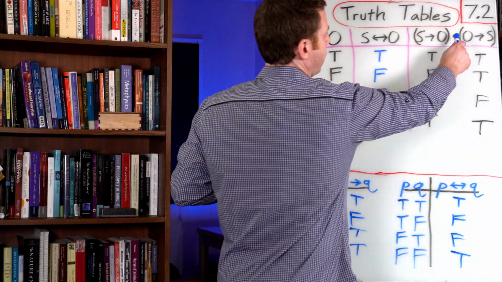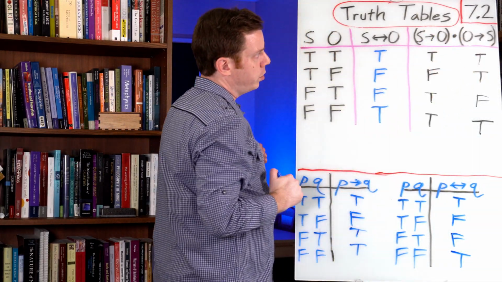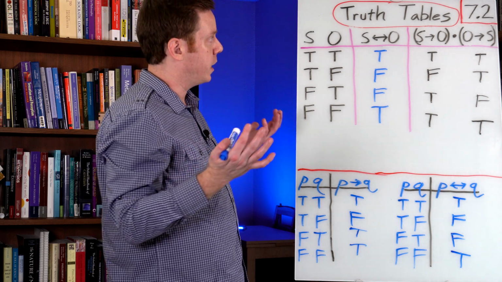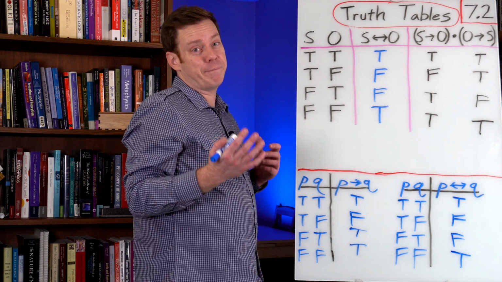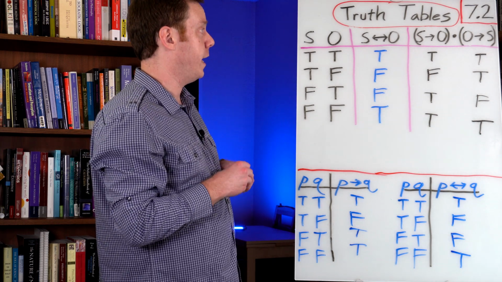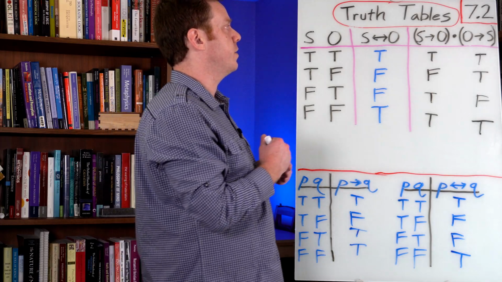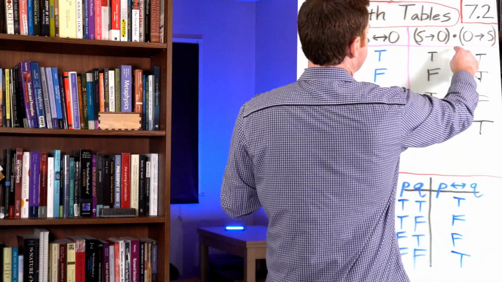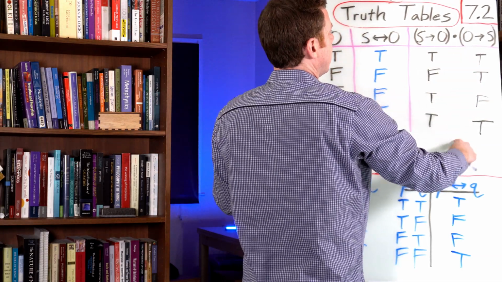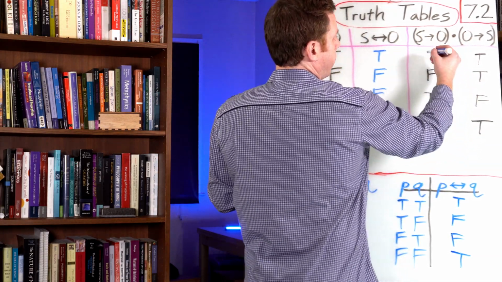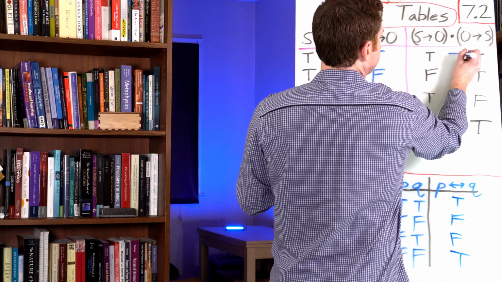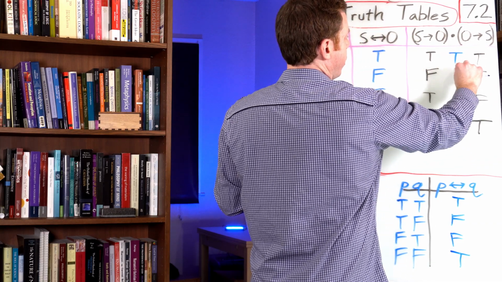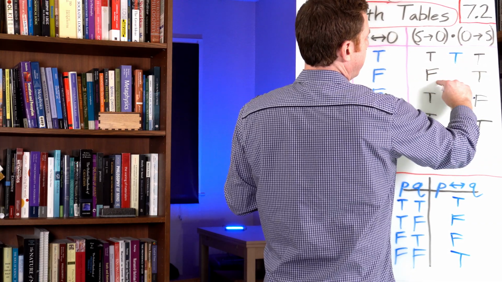In order for this whole statement to be true, since it's an and statement, a conjunction, it needs to have both sides true, right? You got to have both sides of an and true for the whole thing to be true. So let's go ahead and write the truth value of this whole statement. Well, both sides are true here. So in that scenario, the statement's true.